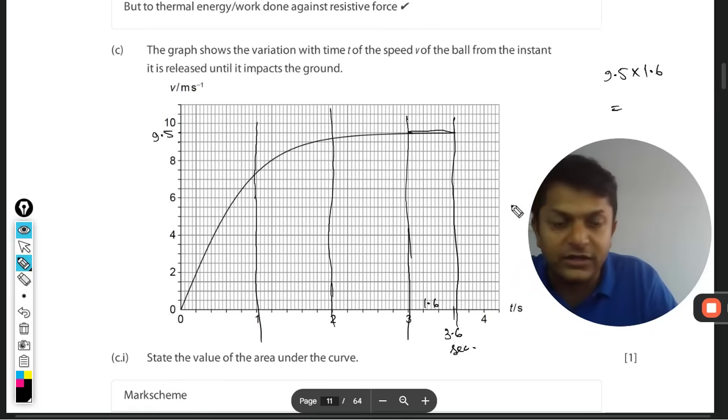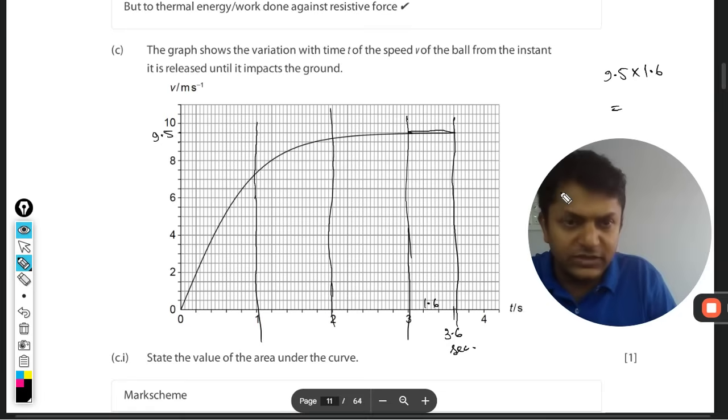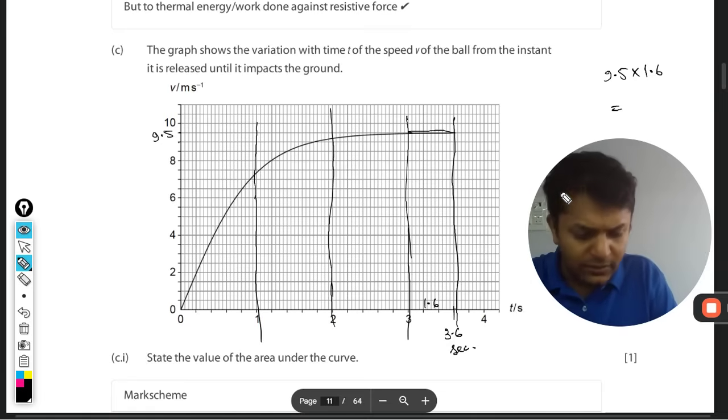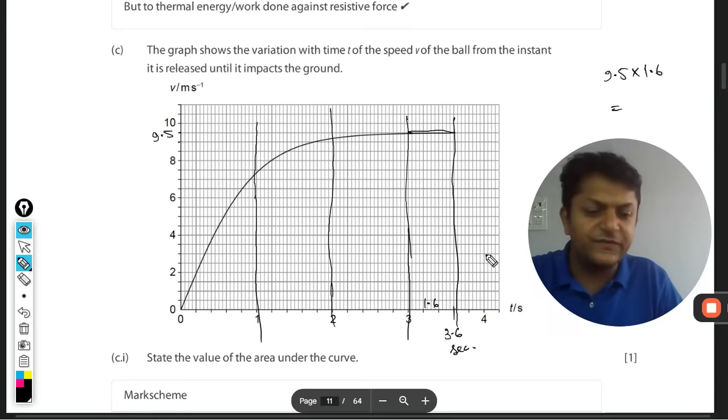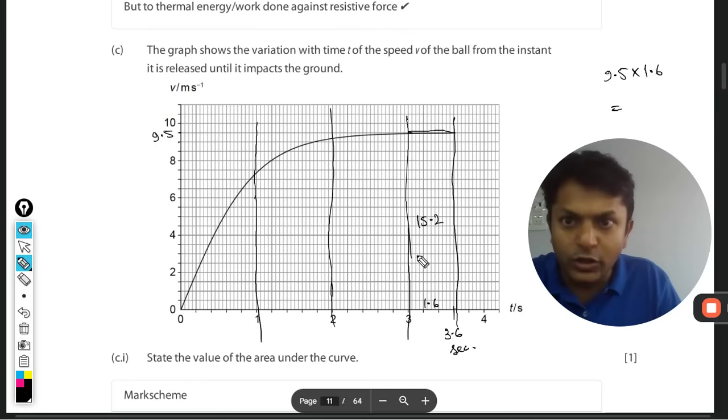You can use your calculator and find the values. Okay, I will tell you what the value is here. 9.5 multiplied by 1.6 is 15.2. Let's say this is 15.2 and all the units are SI, so everything is cool.